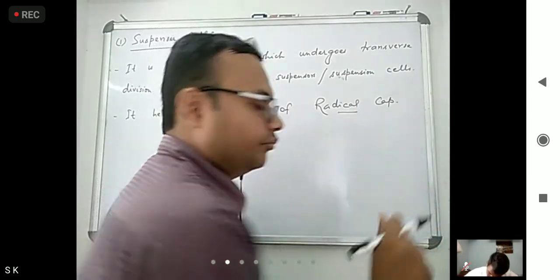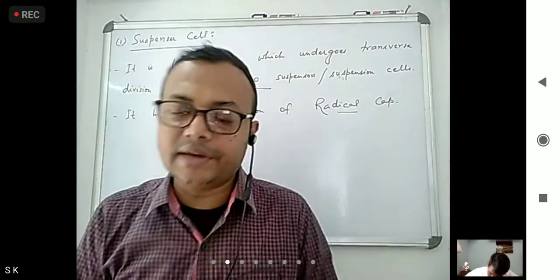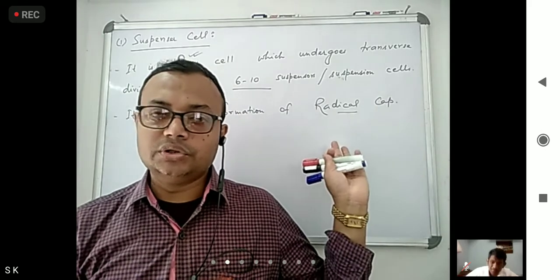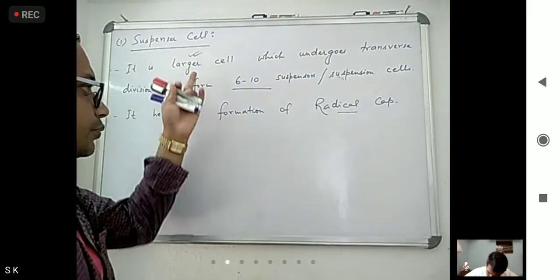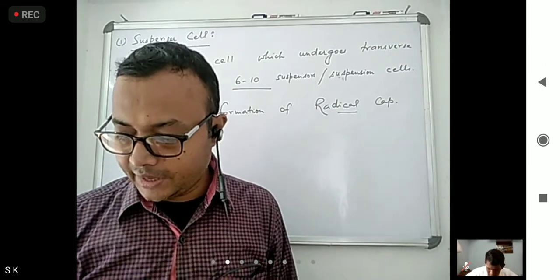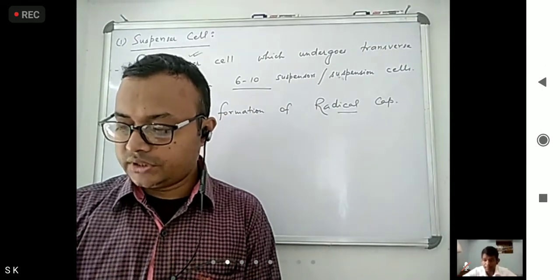Radical cap means which covers the radical. Okay, the radical helps in the formation of roots. So the suspensor cell helps in what? Formation of the radical cap.